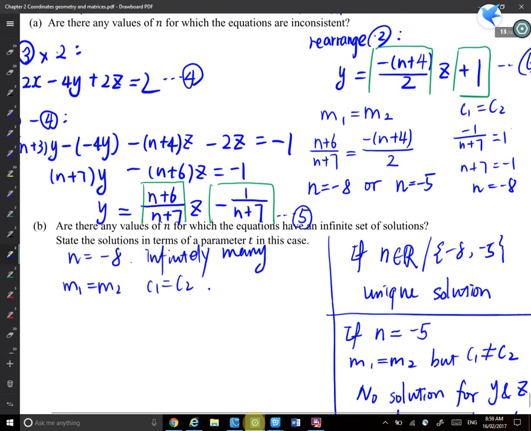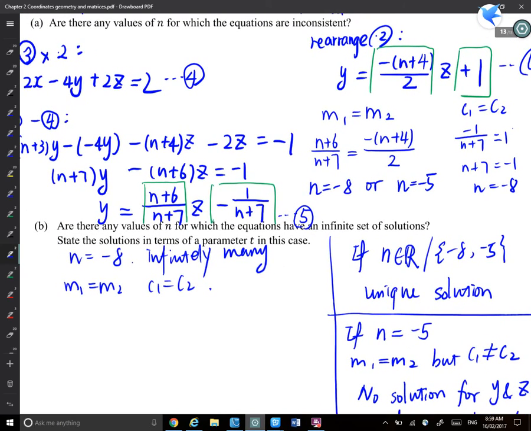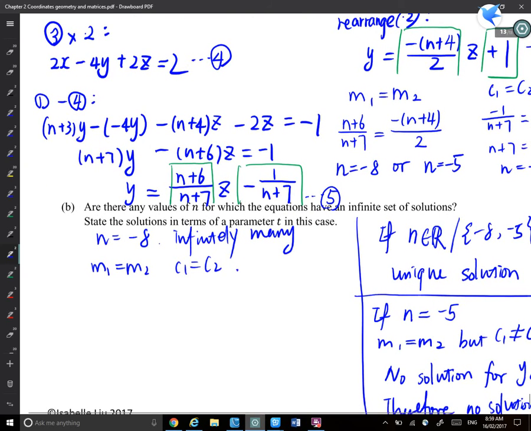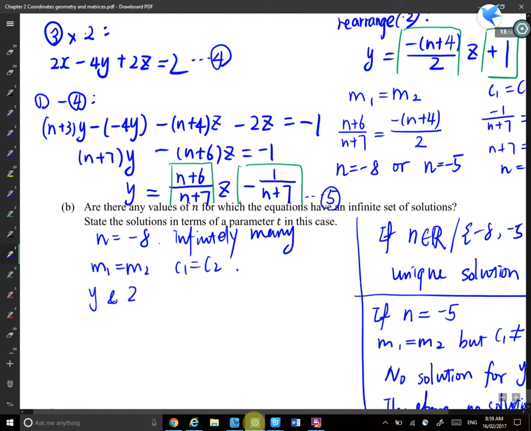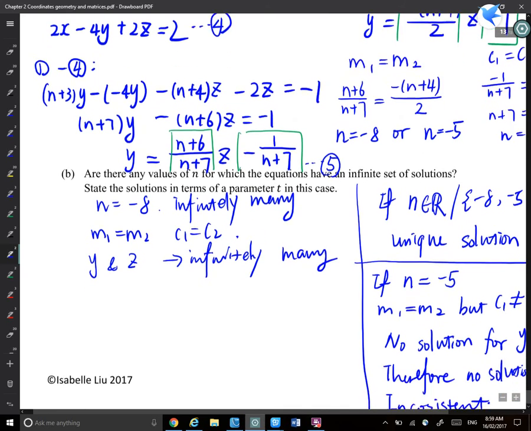Which means y and z have infinitely many solutions.